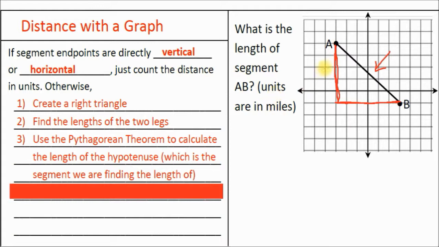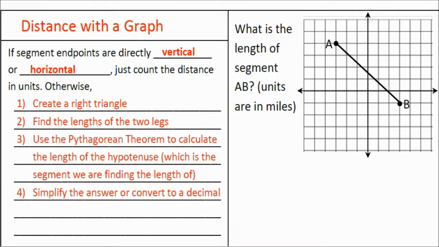So if we can figure out this leg and use the Pythagorean Theorem, we can calculate the distance or the length of segment AB, or the distance between points A and B. Let's get rid of those. So use the Pythagorean Theorem to calculate the length of the hypotenuse, which is the segment we are finding the length of, and then the last step is to simplify the answer or convert it to a decimal.